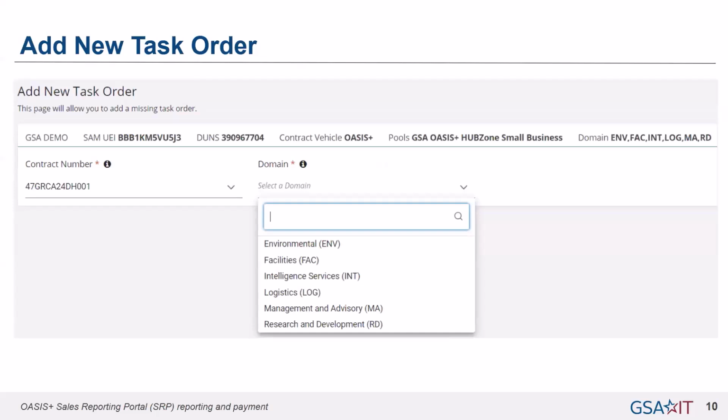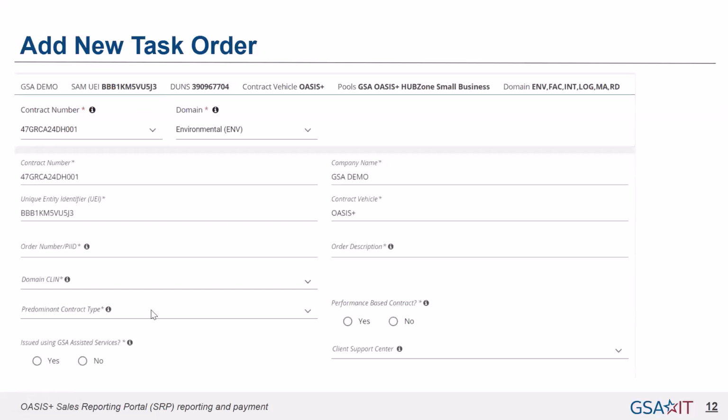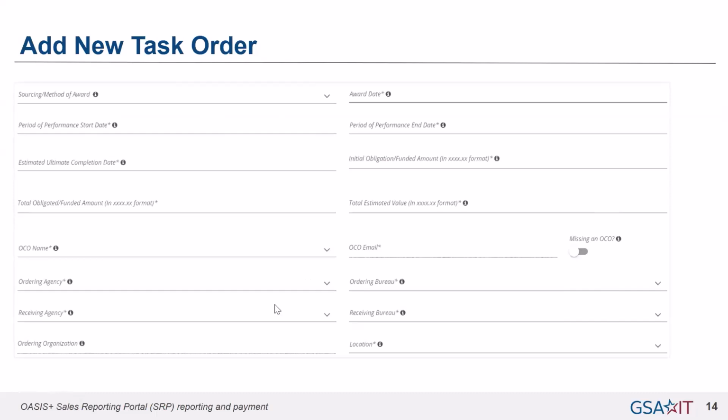When you type in your contract number, you select the domain of that particular task order you're going to enter, and more fields auto-populate. Then it takes you to this screen, where all the information up here is already pre-populated, and what follows thereafter are many, many more lines of information.